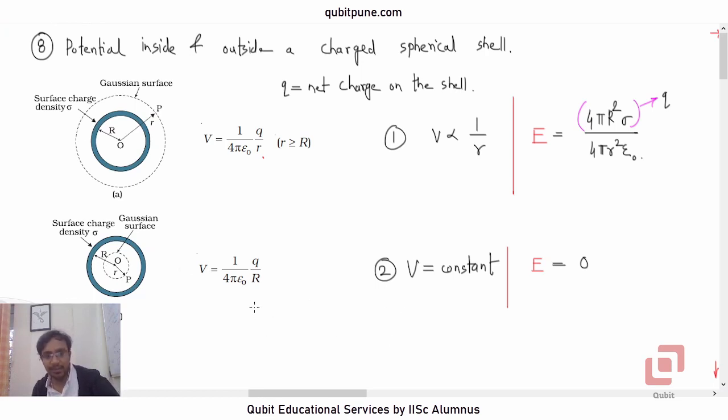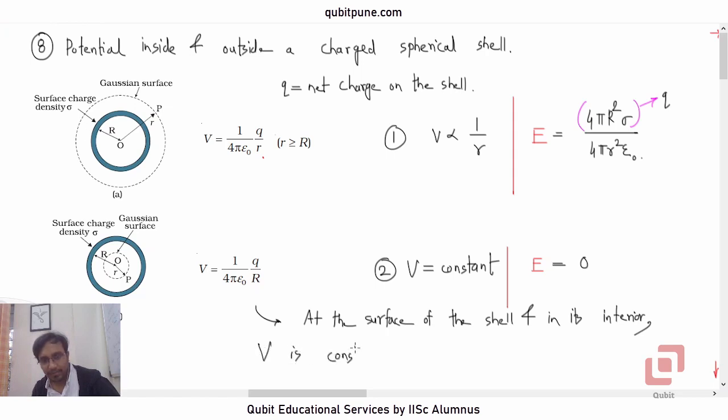So by this we mean that at the surface of the shell and in its interior, electric potential is constant, or electric potential has the same value, and that is equal to the electric potential at its surface. Is that clear?